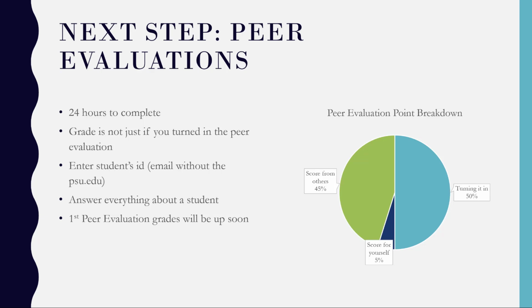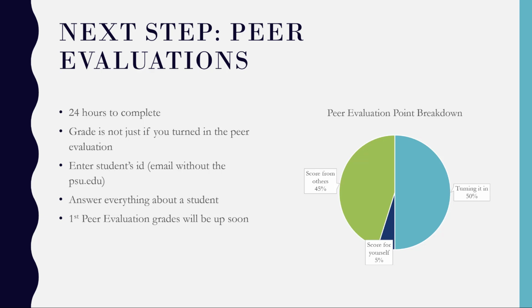Turning it in on time makes up 50% of your grade. Then 5% is how you score yourself, and 45% is the score from others. Don't be surprised if you don't get the full 100 points for this. I'm not setting people up to fail, but it's not really designed for people to get hundreds on it, and it's okay.